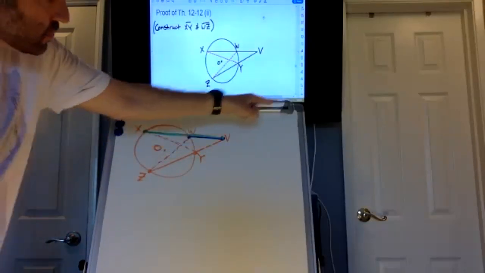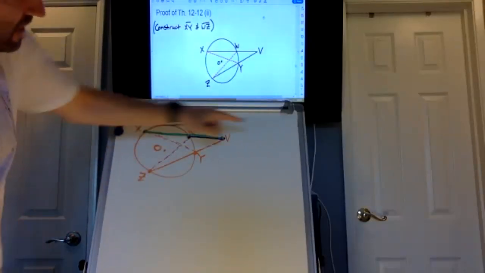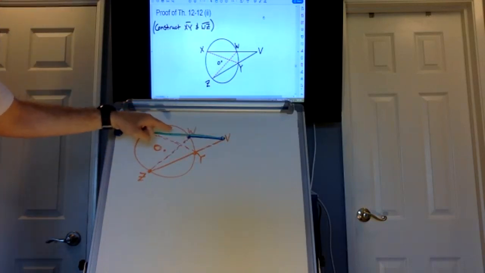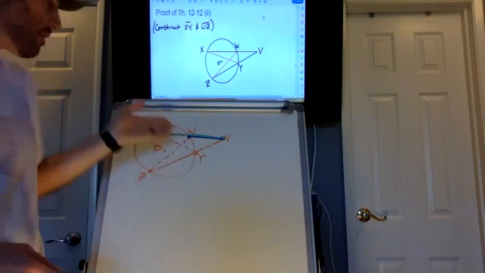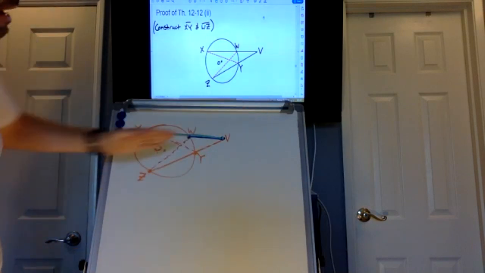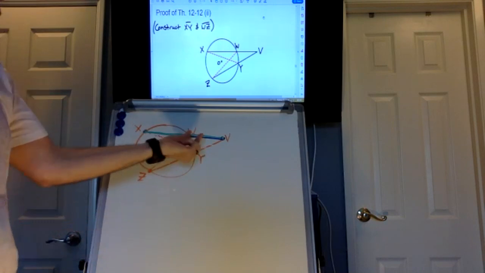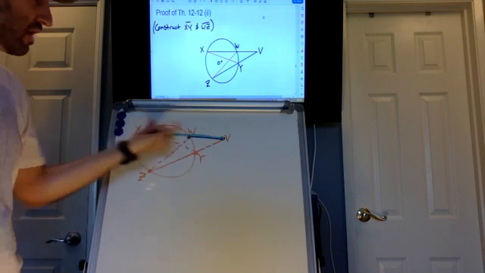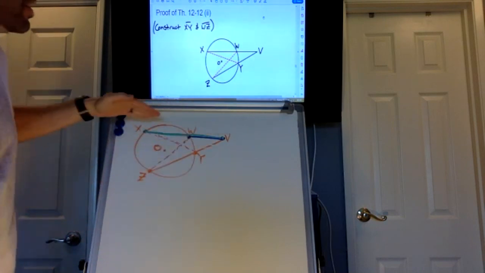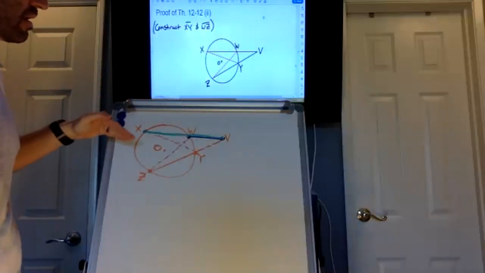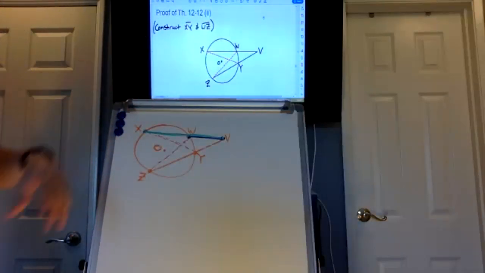Any line that you draw through V that also is a secant or a tangent to the circle, anything that interacts with that circle along a pathway, is going to have the same product of the 2 different measurements. If it's a tangent, then that measurement is the same. Okay, we'll get to that. That's going to be the next case, so we don't have to worry about that right now.